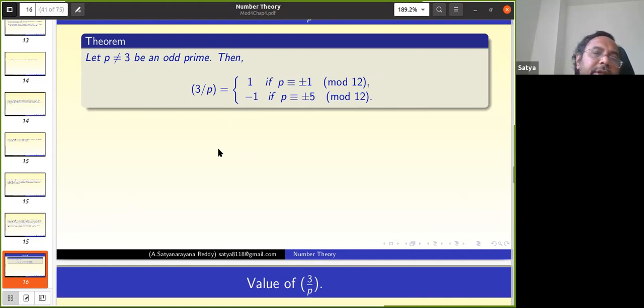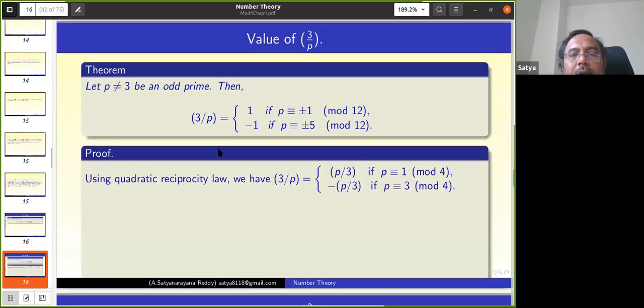Now, the next question is that. See, now the beauty is that I can change p, but I can know the value of (3/p). It only depends upon the p I will check. So whether x square equal to 3 mod p has a solution or not depends upon p only. That is the beauty, right?